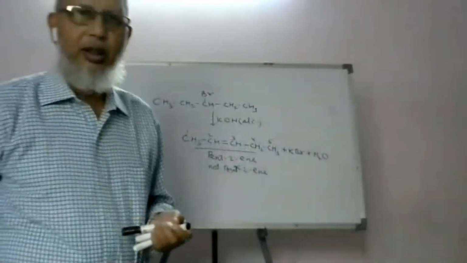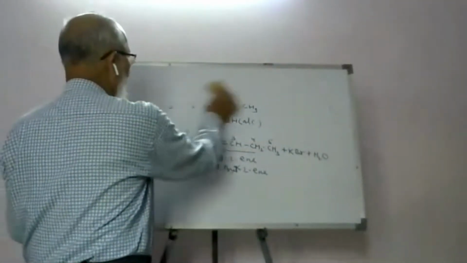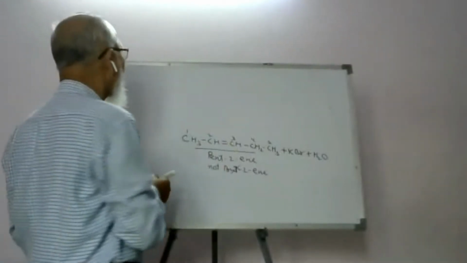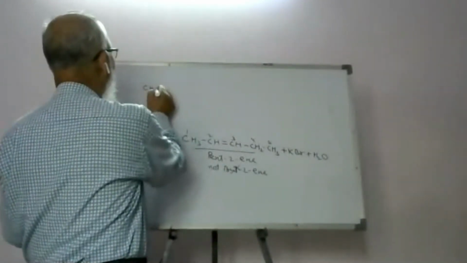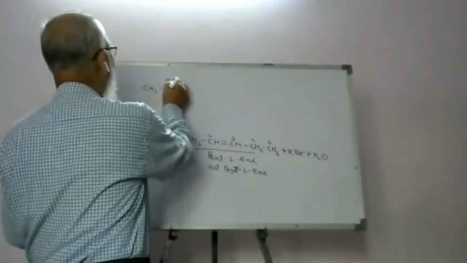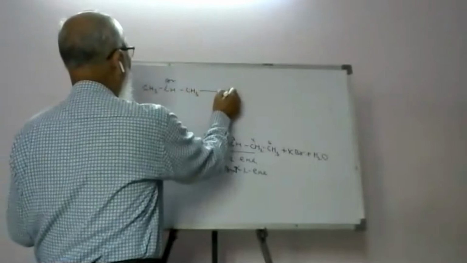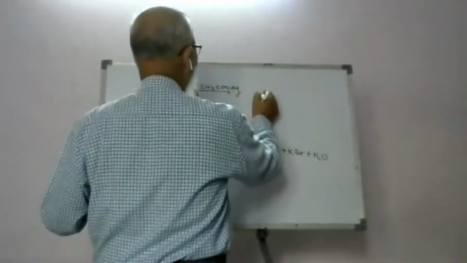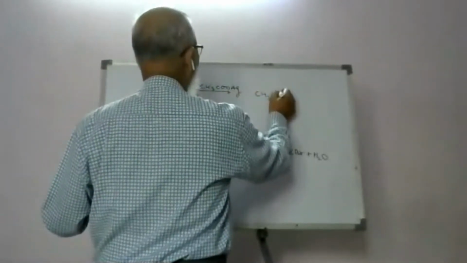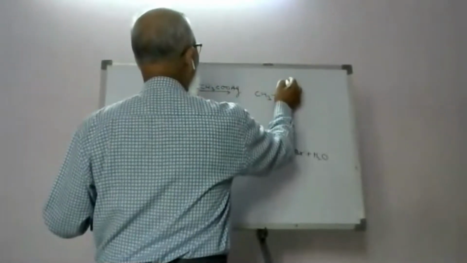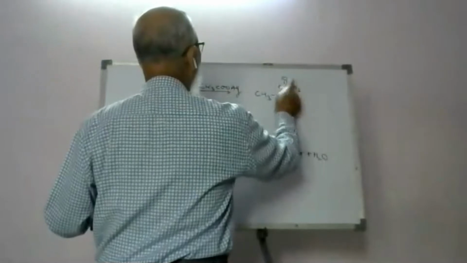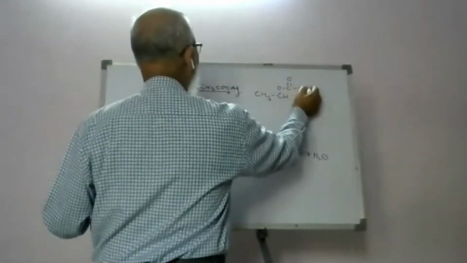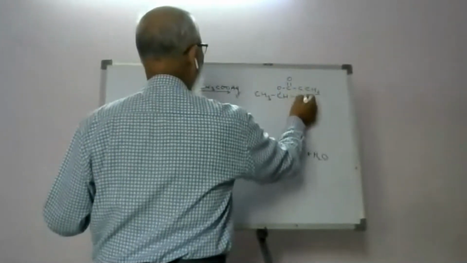Similarly, there is another mistake which I had noted in my previous lecture, that when this compound CH3CHBrCH3 reacts with CH3COOAg, the compound formed will be CH3CH(OCOCH3)CH3, or better you can write it this way.